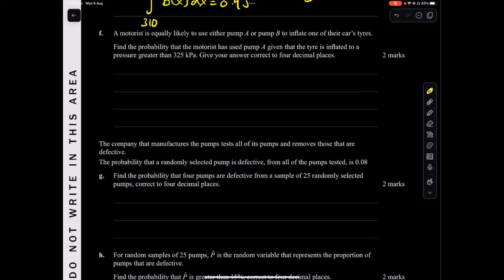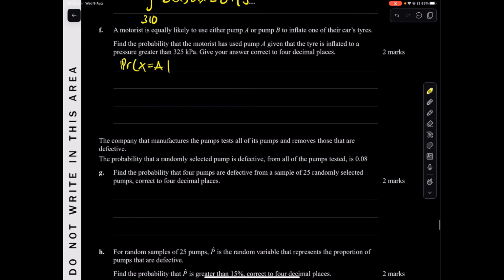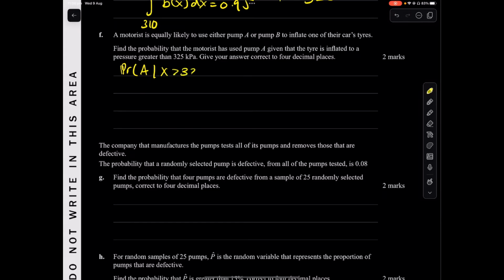Find the probability that the motorist has used pump A, given that the tire is inflated to a pressure greater than 325.